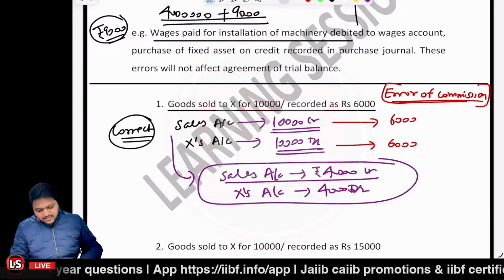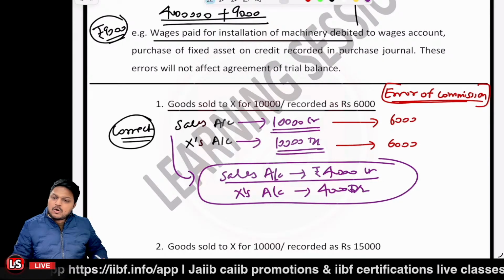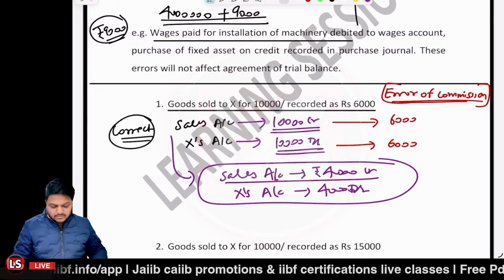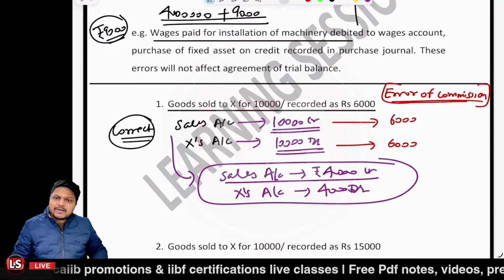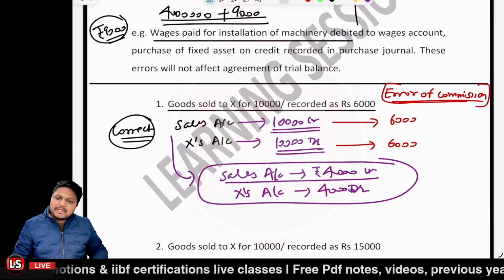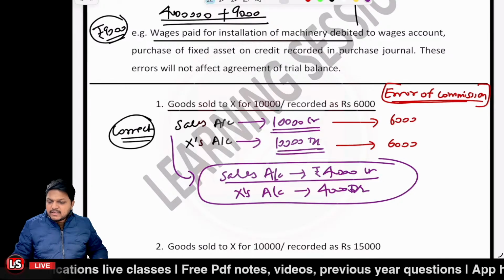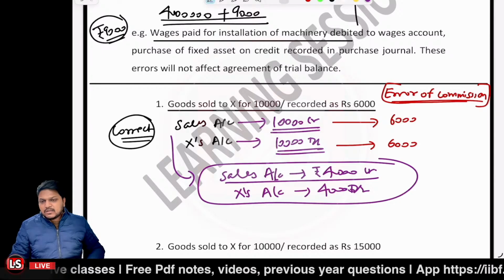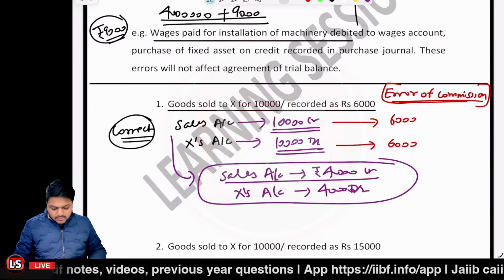Because that was undercasted. The accounts were undercasted, but the right accounts were posted. It was not the case that we have debited the wrong account or credited the wrong account. It was simply the case that we have not posted the right balance. So it is undercasted. Then we simply posted the difference amount.